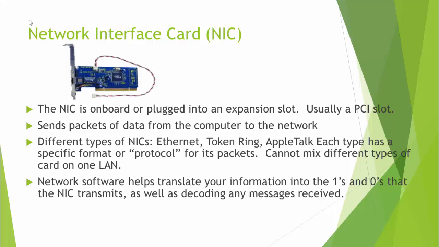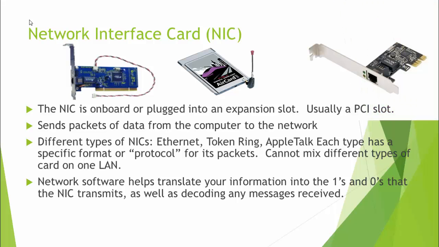There are other kinds of networks, but Ethernet is pretty much what we see on a day-to-day basis. There are other kinds of NICs. Here's a wireless card, an old one for a laptop. But typically we're going to see something like this with an Ethernet port on it.